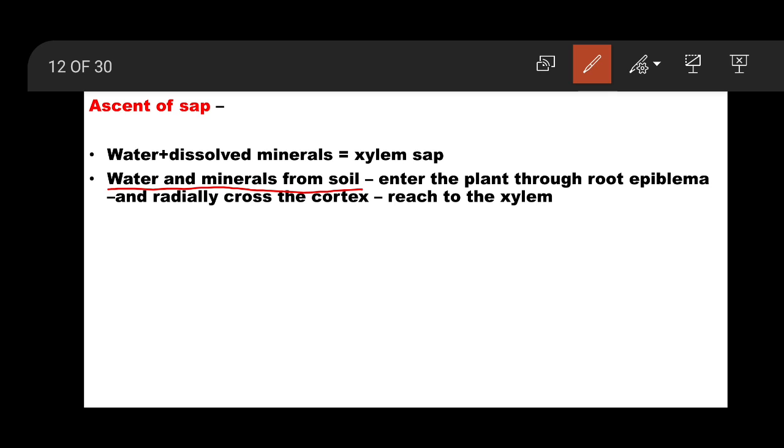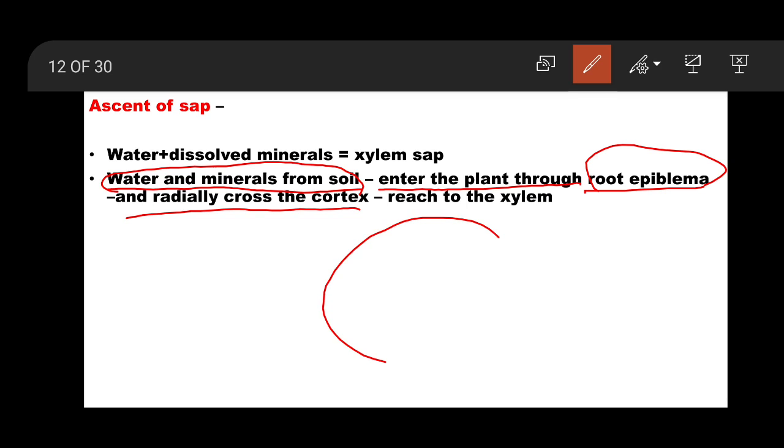Water and minerals from the soil enter the plant through the root epiblema, the epidermal cells of the root, which are anatomically known as epiblema. They enter through the roots, especially the root epiblema, and radially cross the cortex.